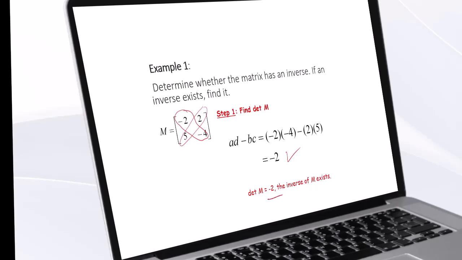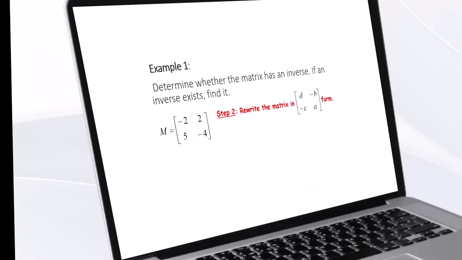So now let's calculate the inverse. Step number 2, you rewrite the matrix in this form by interchanging these values. How do we do that? Look at the diagonal where we have 2 and 5: they change signs. If positive, they become negative; if negative, they become positive.